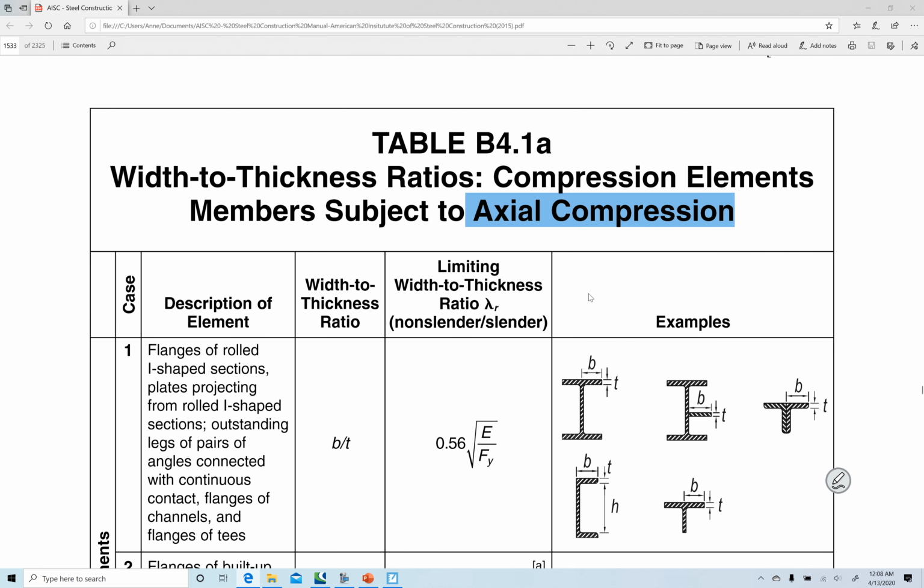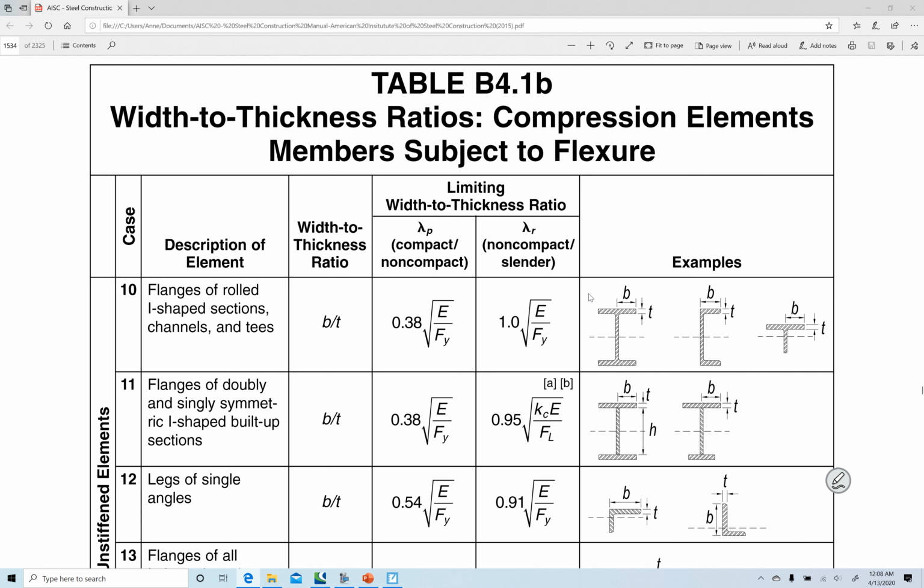Now we've moved into flexure. So table B4.1b. Flexure. Make sure if you're designing a beam, you go to table B4.1b and not B4.1a.